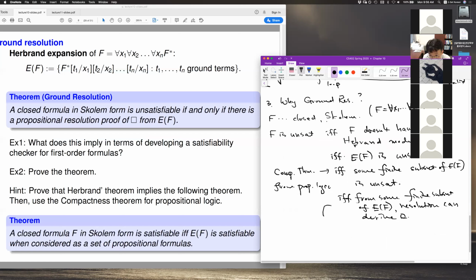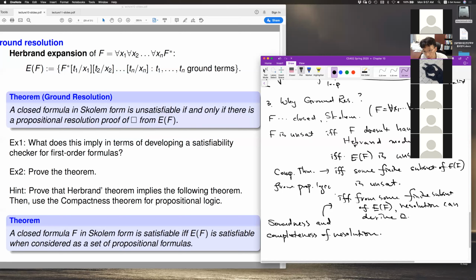So this is coming from so-called soundness or correctness and completeness, which means the resolution prover can prove everything with respect to the contradiction of resolution.